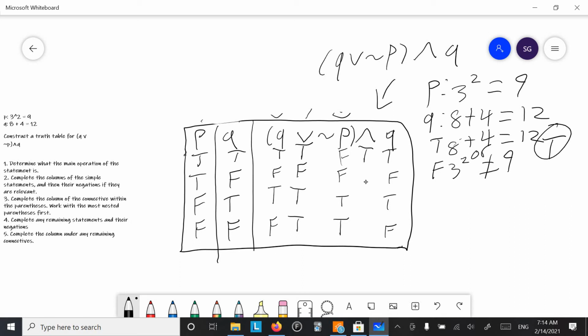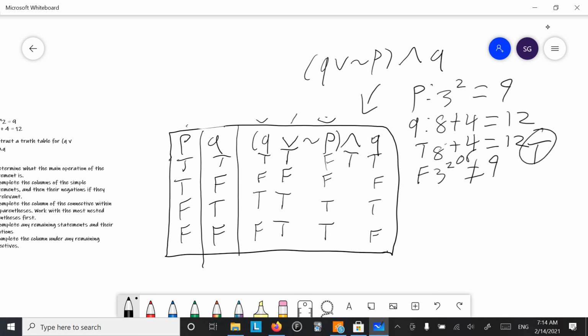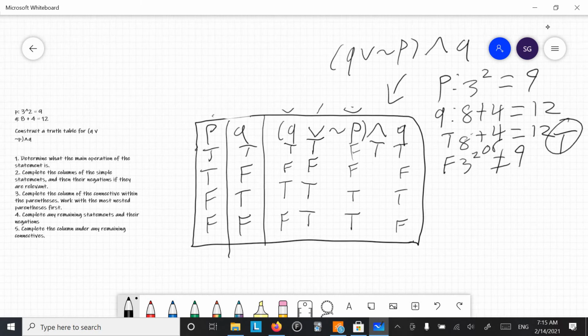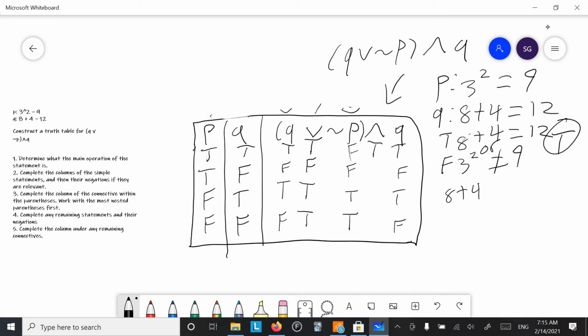Alright, so there's that. Now the question becomes, what about the conjunction and the Q? How does that work out? What do we know? We know that the Q in this example is also true. Remember, Q is 8 plus 4 equals 12.